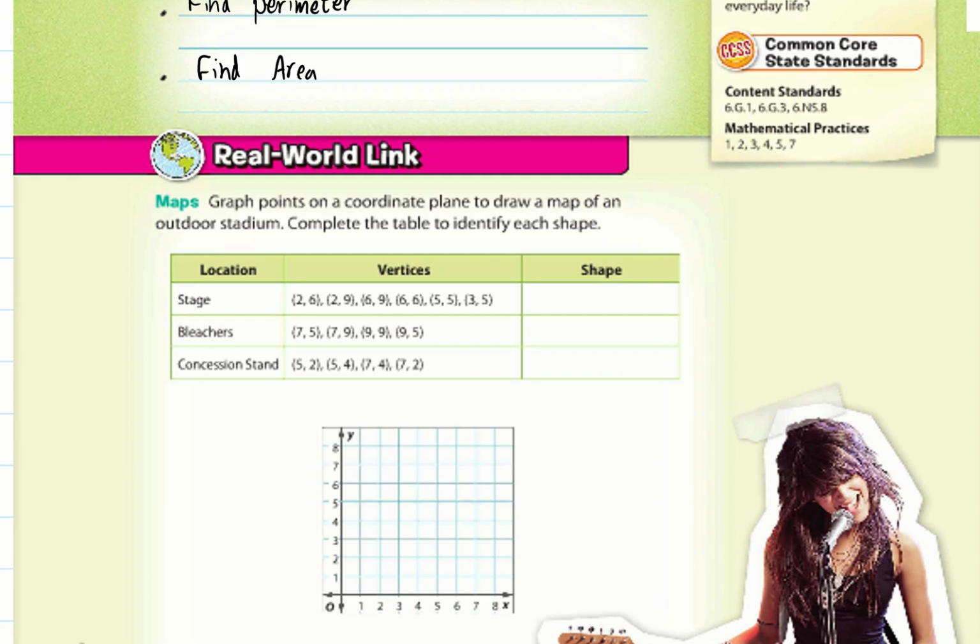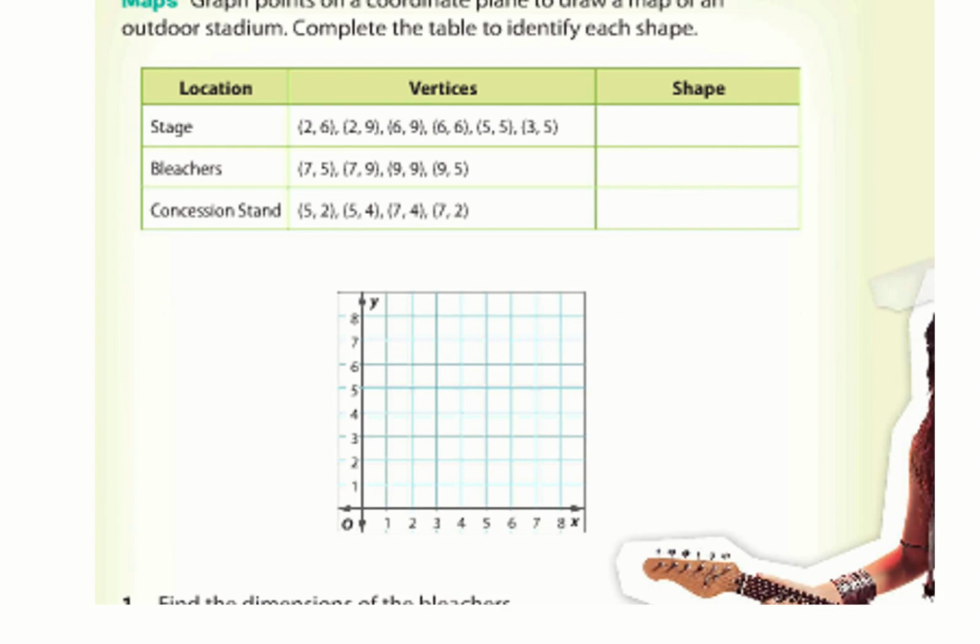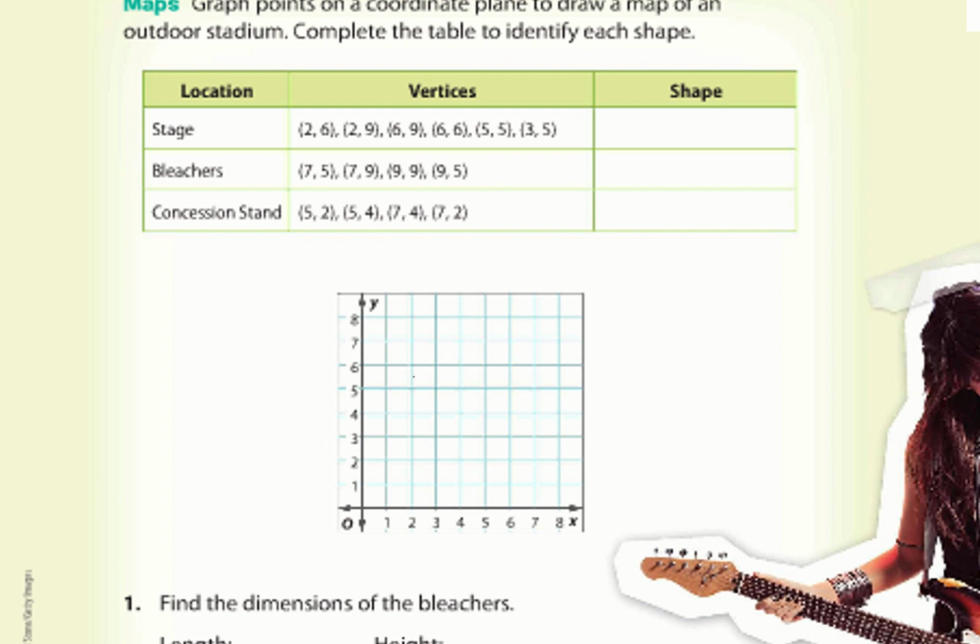The real world link is to graph points on the coordinate plane to draw a map of an outdoor stadium. Complete the table to identify each shape. So the stage, first we have (2, 6), (2, 9), (6, 9), (6, 6), (5, 5), and (3, 5).